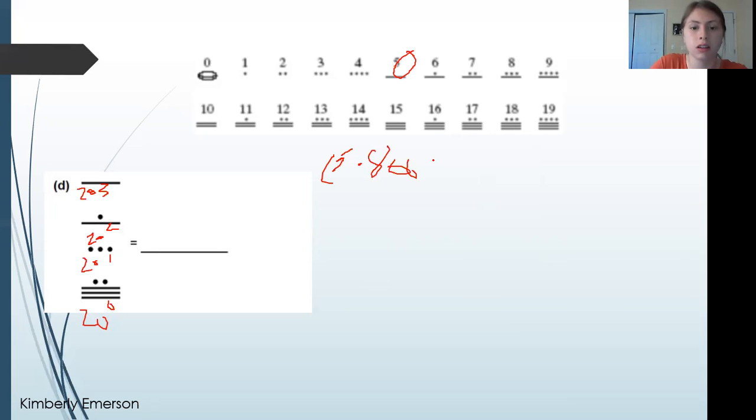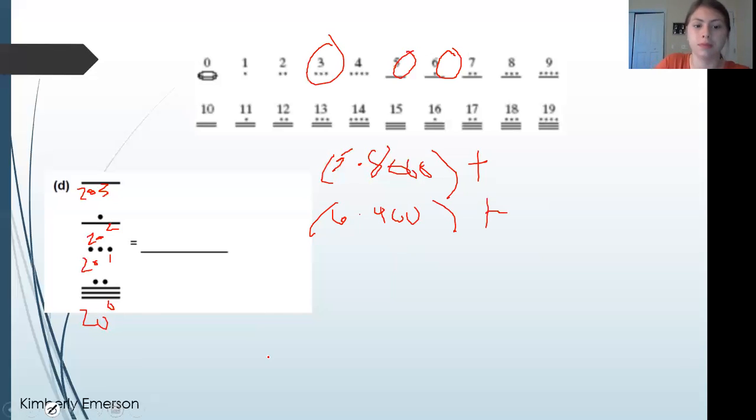8,000 plus. The next one is right here, so it's 6. And then we have 6 times 20 to the second power, which is 400. So 6 times 400 plus, we're still adding, and we go down here to the 3 dots, it's 3.